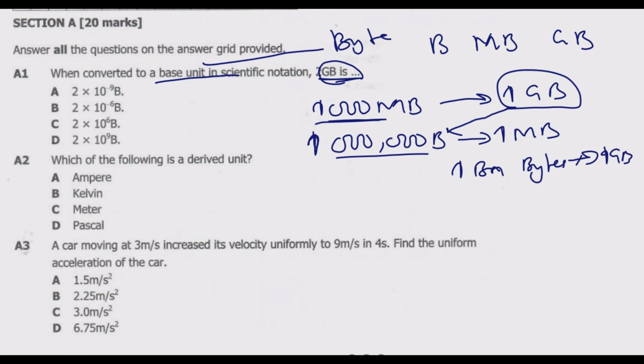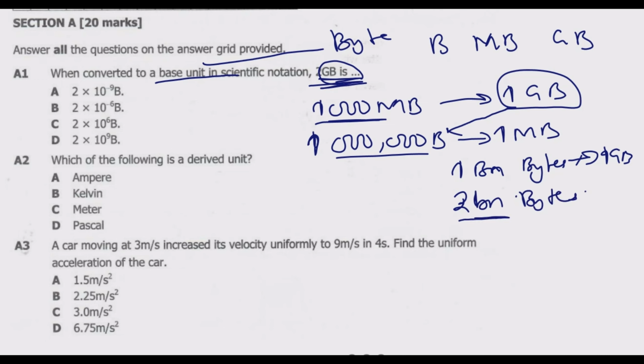That's what it means. So in this case, then 2 GB is approximately 2 billion bytes. That's what it implies.